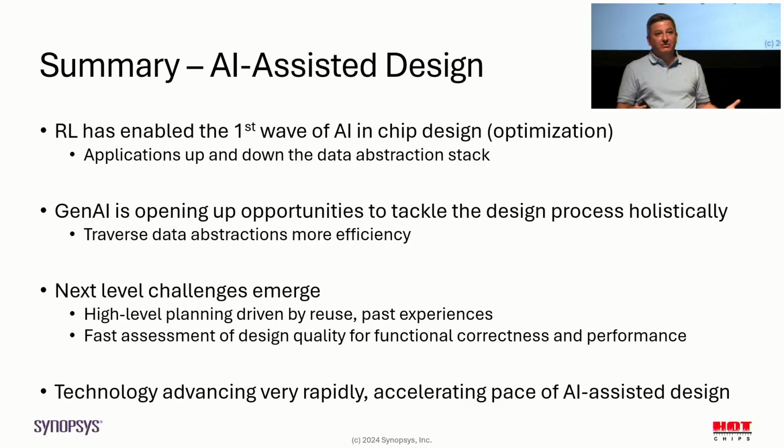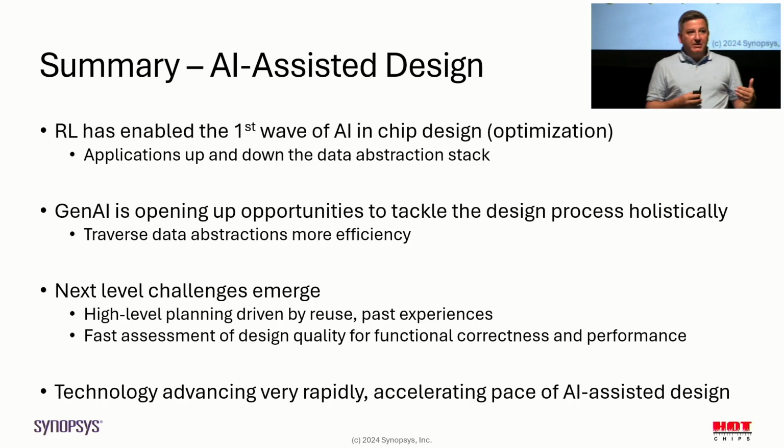This is not something that today's generative AI technology has actually mastered, right? It's an unsolved problem. And it's going to be solved, but it's going to be solved through reuse and leveraging past experiences. But without high-level planning, we cannot actually create these kinds of frameworks that can tackle the design process more holistically. Fast assessment of design quality for functional correctness remains, of course, a tall order.